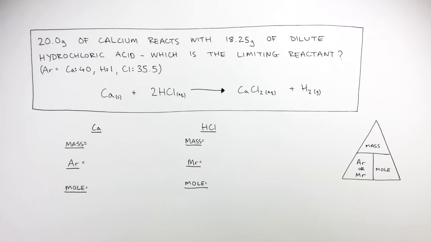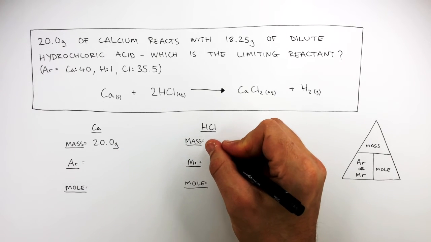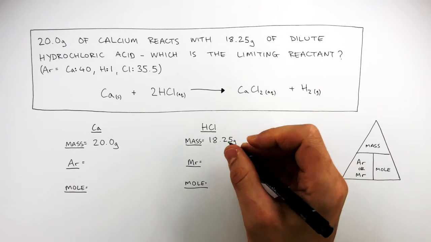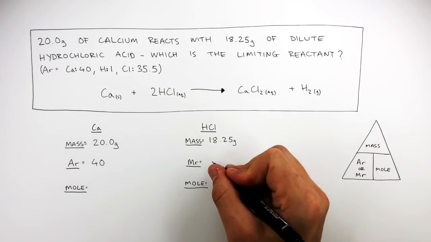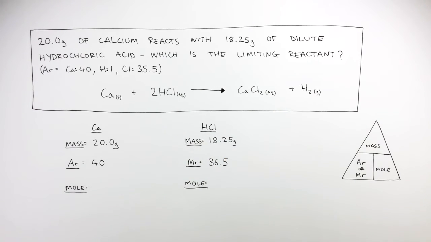The question tells us we have 20 grams of calcium reacting with 18.25 grams of dilute hydrochloric acid. So below we write 20.0 grams next to the mass under calcium and 18.25 grams next to the mass underneath HCl. The AR of calcium is 40 and the MR of HCl is 36.5, as it's 35.5 plus 1.